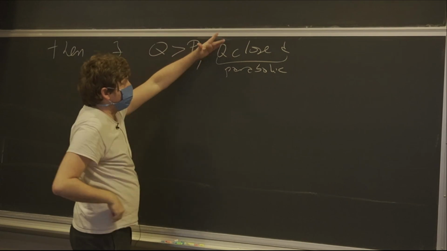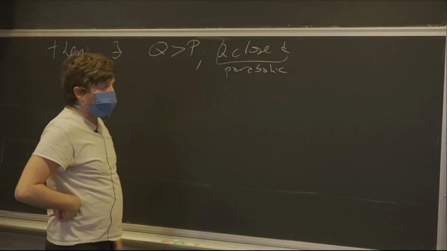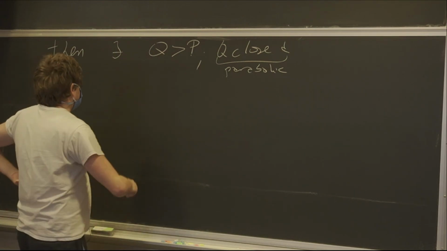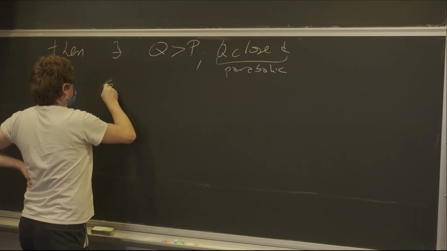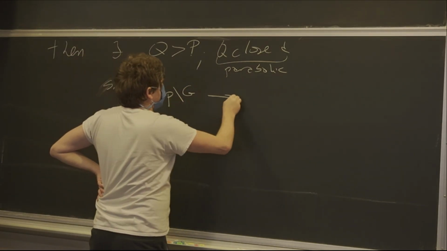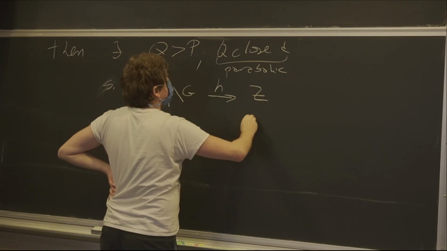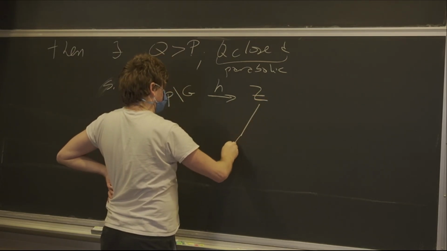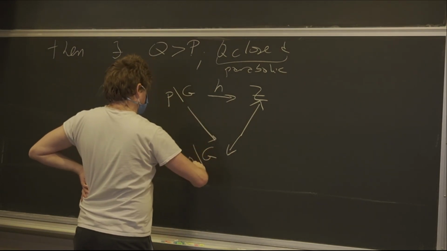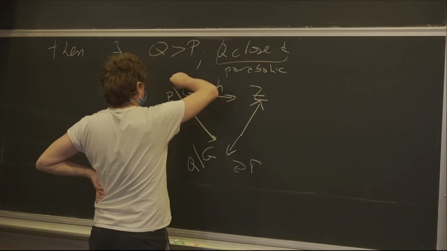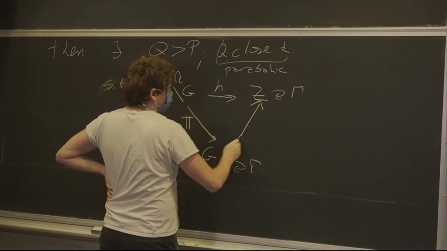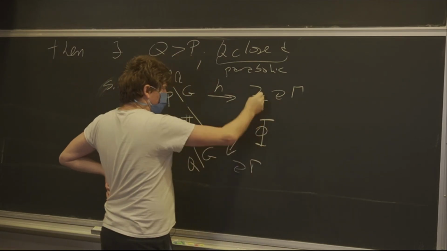That's the definition of parabolic: closed and containing P. Such that the following diagram commutes: G mod P, H, Z, G mod Q, and gamma, gamma, gamma. This is the natural projection, and there is this isomorphism phi.